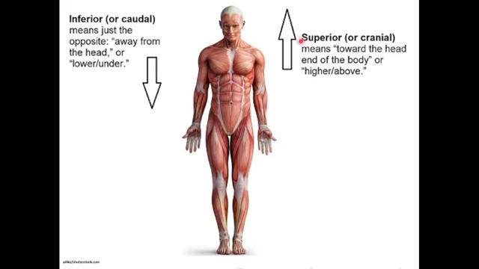So superior in directional terms is going toward the head or higher above. So the head is superior to the hand since the head is above the hand, and the feet are inferior to the hand because the feet are below the hand.